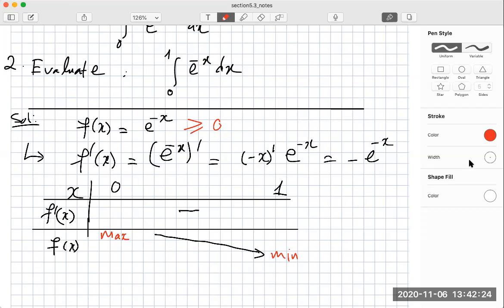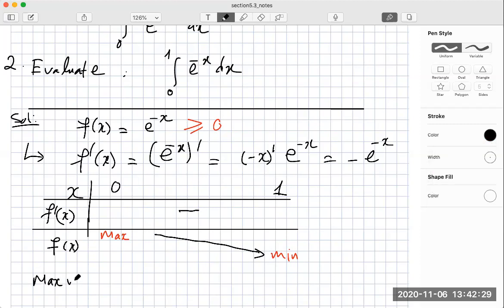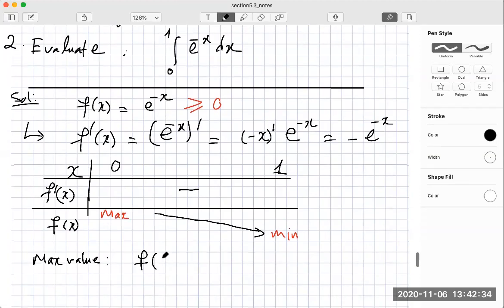So can we find the value of the maximum and minimum? It would be f at 0, and what is it? Again, please. Be careful. It is e to the negative 0, right? We evaluate the value at 0. We replace x by 0.